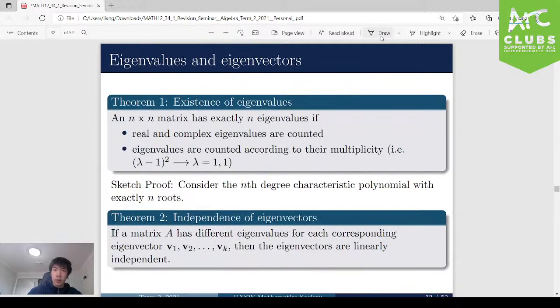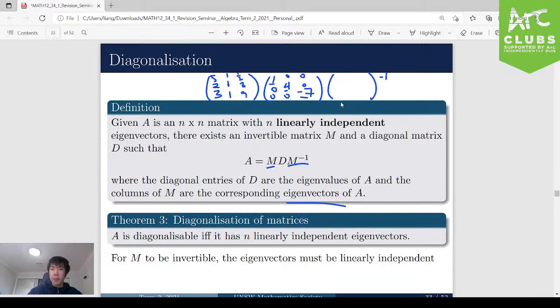That was theorem 2 here. So if we have n different eigenvalues for an n by n matrix, every single eigenvector is linearly independent, and so it's guaranteed that our matrix M will be invertible, and so it will be diagonalizable. Okay.